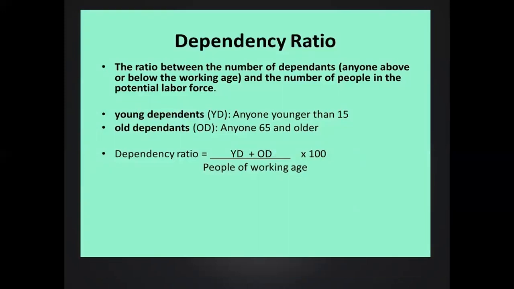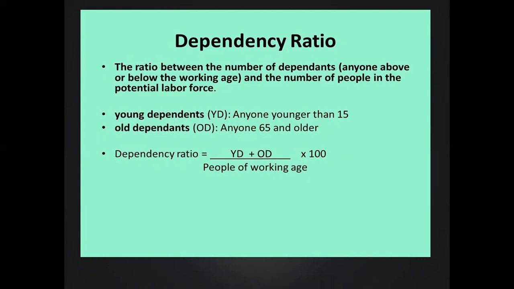Dear cadets, dependency ratio: the ratio between the number of dependents and the number of people in the potential labor force. Dependents means anyone above or below the working age.